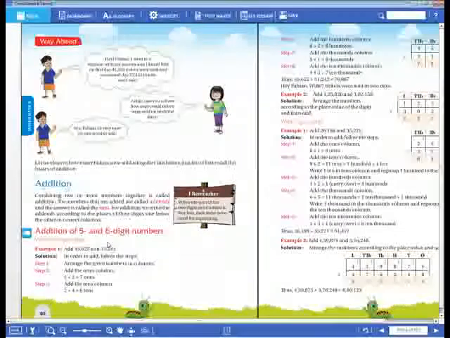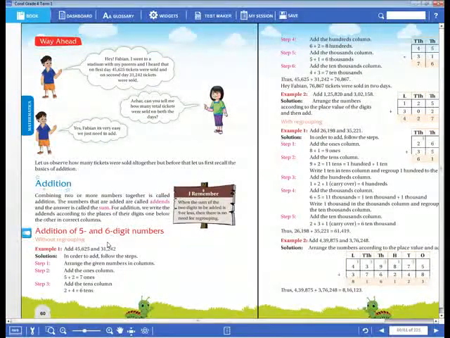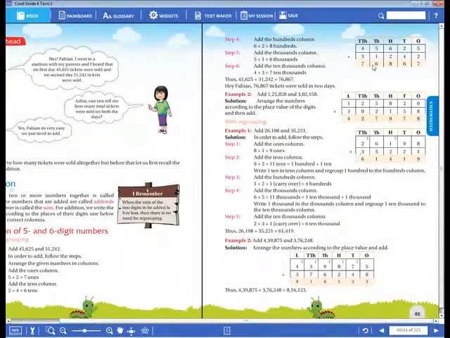From the ones place. When we add any 2 numbers in the ones place or tens place, wherever it might be, if the answer is a 2-digit number, then we give the carry to the next place value, and the ones digit we take as the answer.